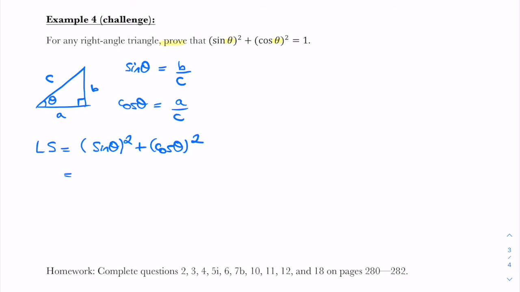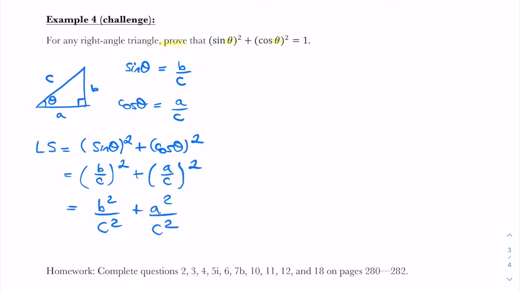We're going to substitute the expressions for sine and cosine theta that we found. So that's b over c squared plus a over c squared. Well, let's simplify this. So we're going to square the fractions. That gives us b squared over c squared plus a squared over c squared.